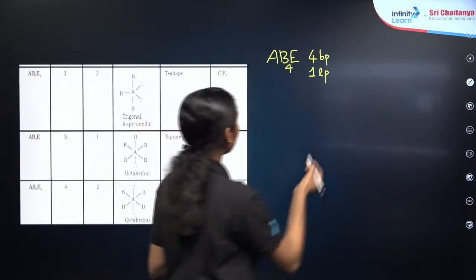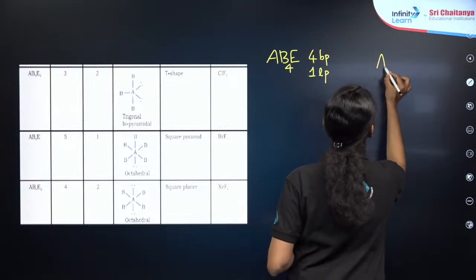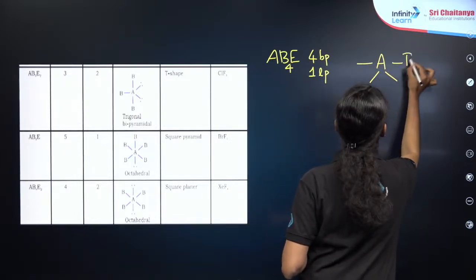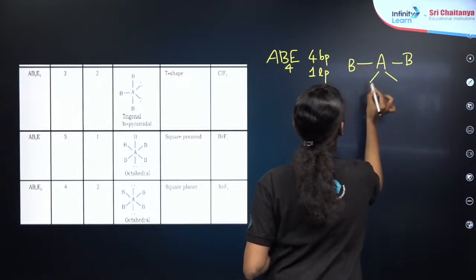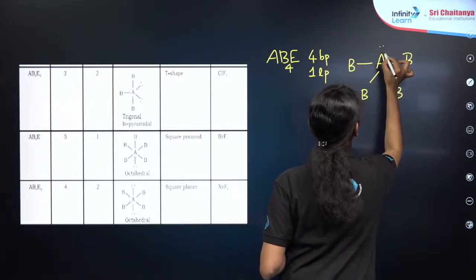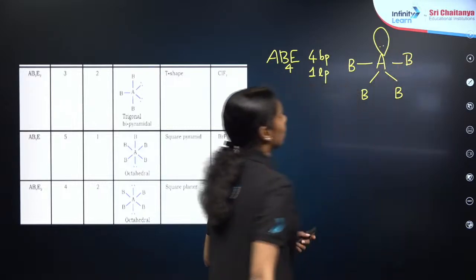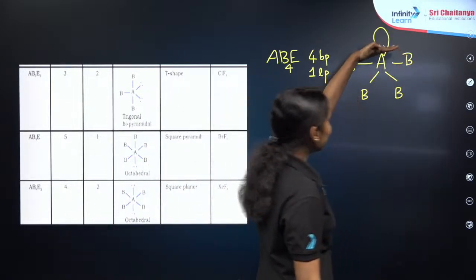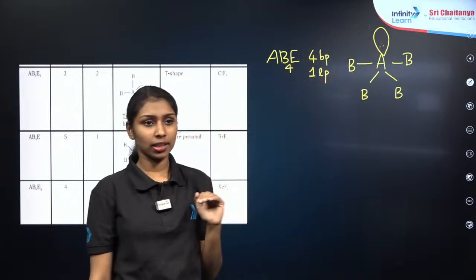So this will be our A atom. Right, this will be the structure. If you consider these bond pairs only, it will look like a seesaw, right?